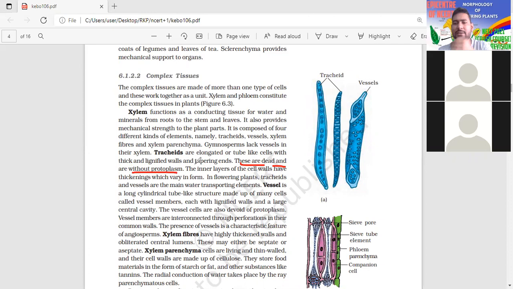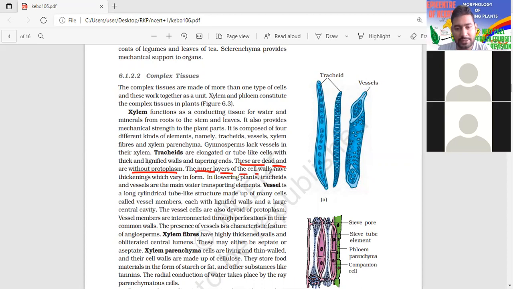I told you already, as we have also seen in the case of sclereids, dead cells have no protoplasm. Similarly here, these are dead and without protoplasm. This is a PYQ: in tracheids, no nucleus, no protoplasm.